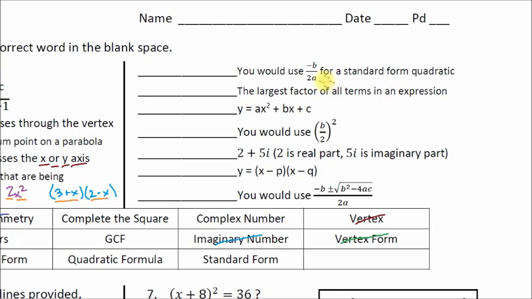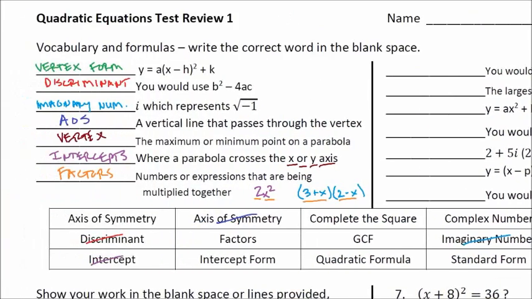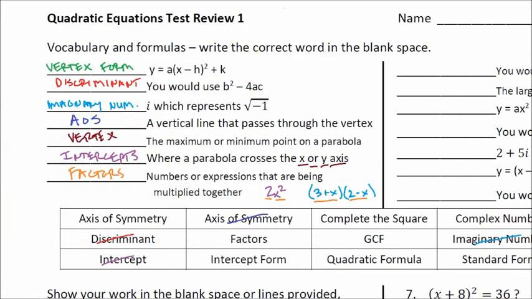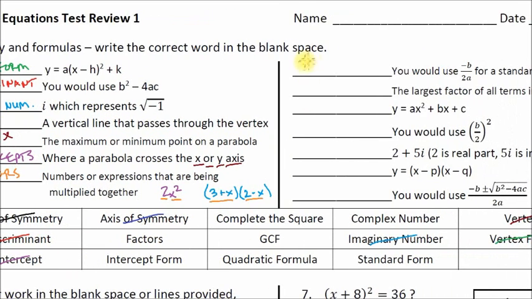But also, class, you realize that the x value of a vertex also defines where the axis of symmetry goes through the parabola. So you use negative b over 2a to both find the x value of the vertex and also to find the axis of symmetry. So over here we got another possible answer for axis of symmetry.